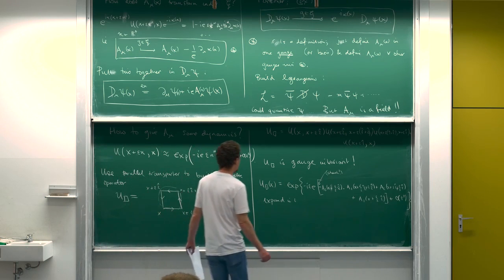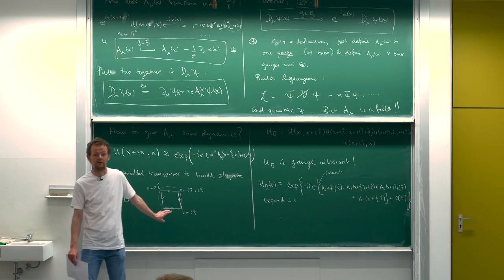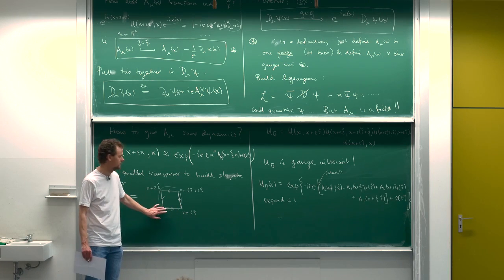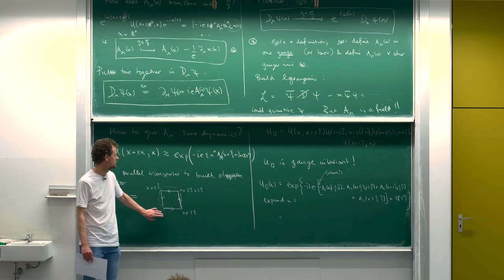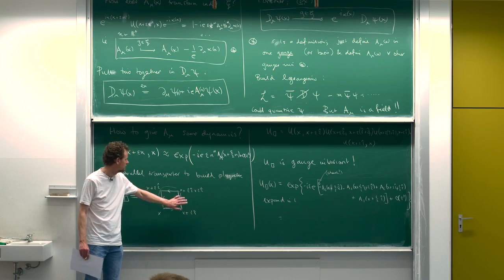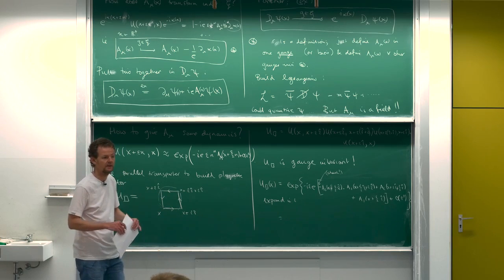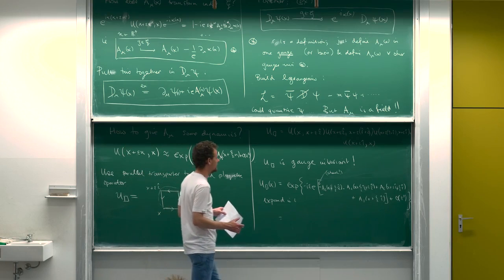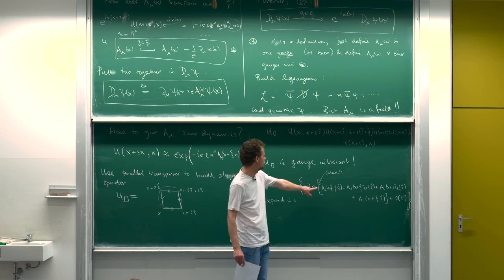So if we expand in powers of epsilon, then what do we get? Well, we can already see from this picture what we're going to get. So to order 1, we get 1, right? To order epsilon, we're going to get 0. Everything cancels to order epsilon.